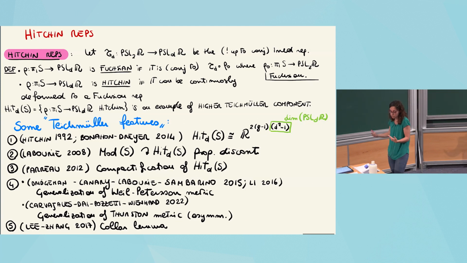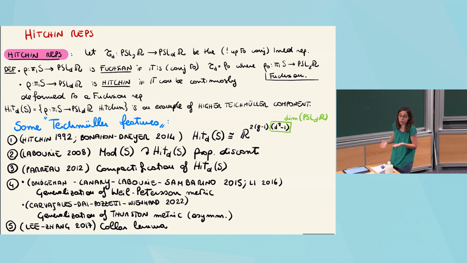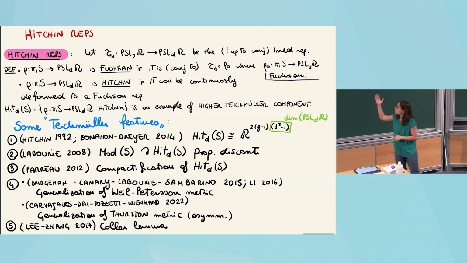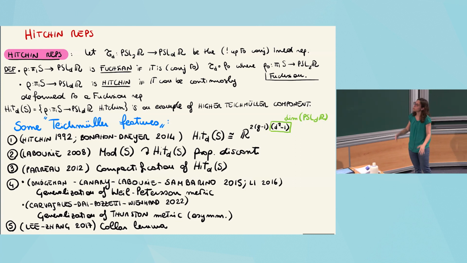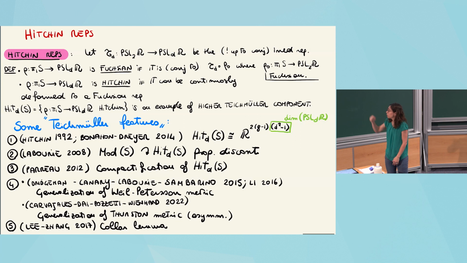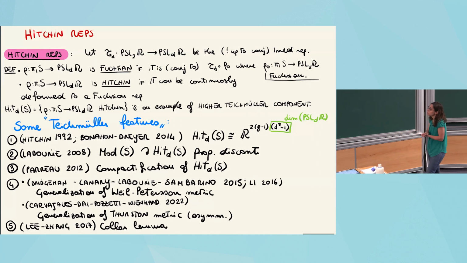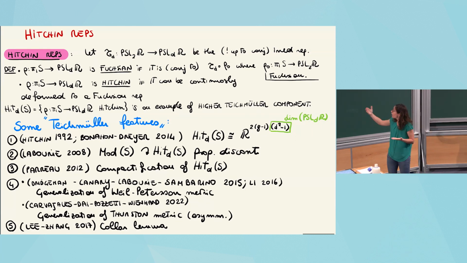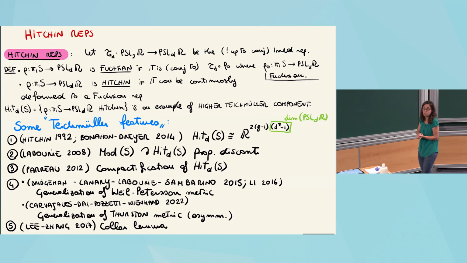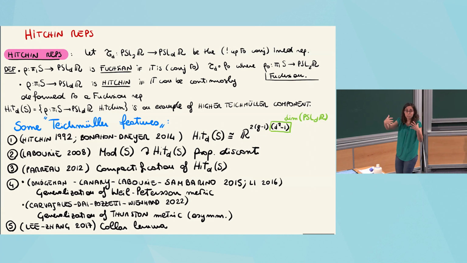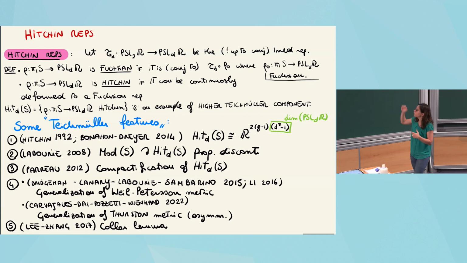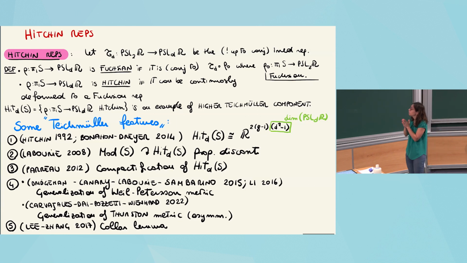I'm just using the Hitchin setting as one working example. So the Hitchin component is a ball in a bigger space. This is Hitchin and Bonahon-Dreyer. The mapping class group acts nicely on this component. This is Francois. And you can compactify the Hitchin component, like Anne Parreau did.